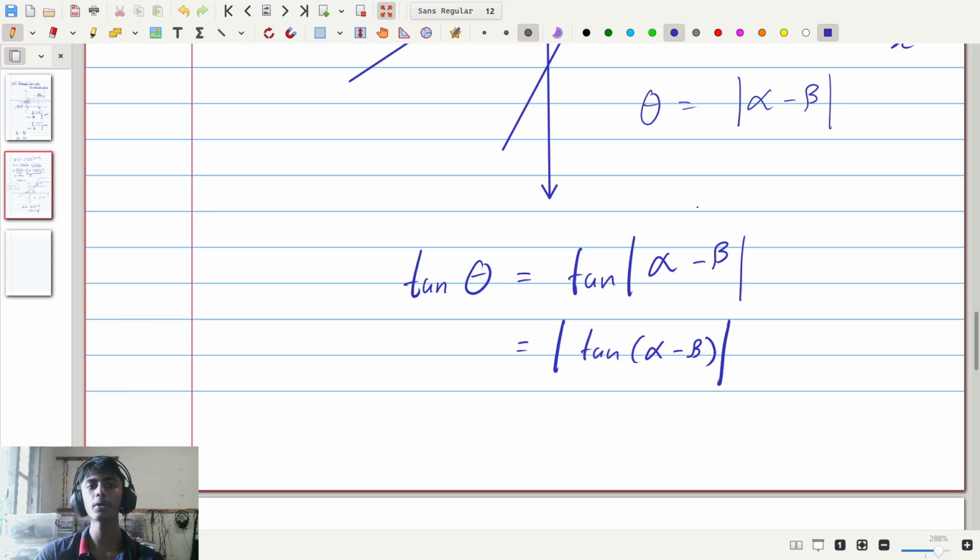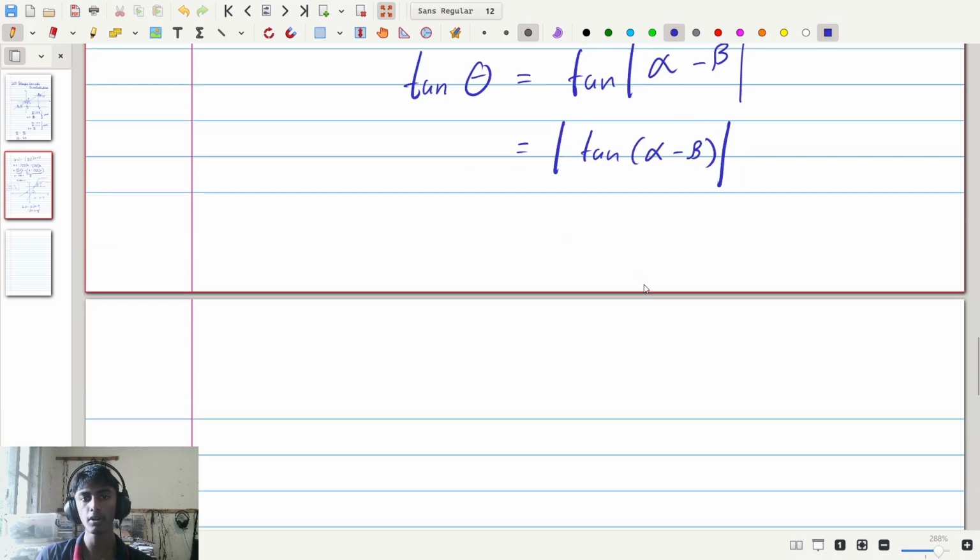Now then, recall this lesson here where we found that the tangent of alpha minus beta for some angles alpha and beta is tan alpha minus tan beta divided by 1 plus tan alpha tan beta. From this identity, we are going to go to the next page here.